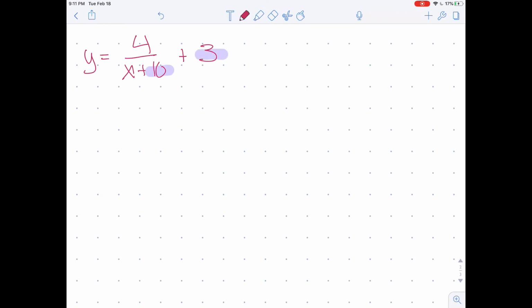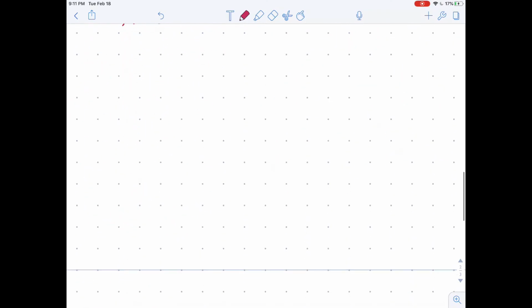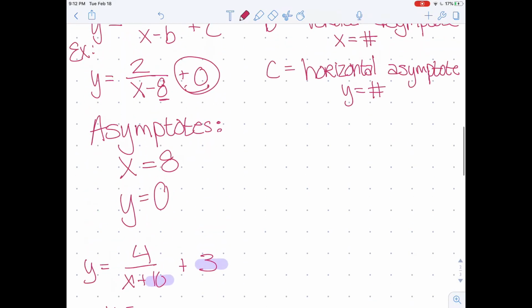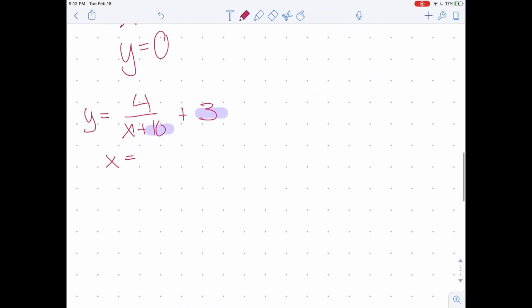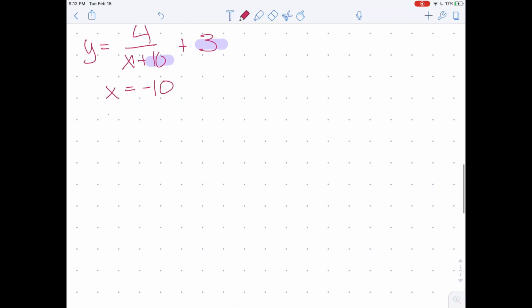Okay, so we know b is our x asymptote, so we're going to say x equals, now in the original equation it's x minus b, so if this is positive we have to switch the sign, so it's actually negative 10, and our other asymptote would be y equals 3.